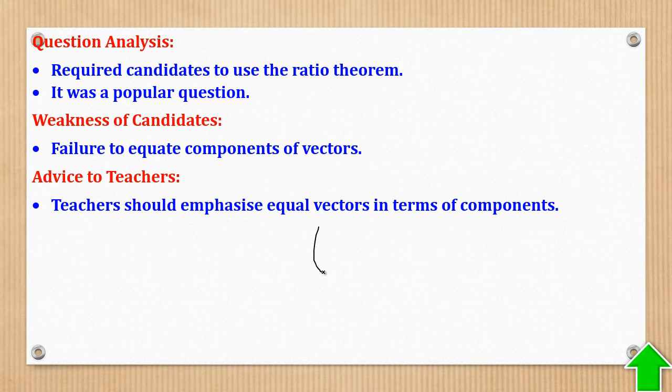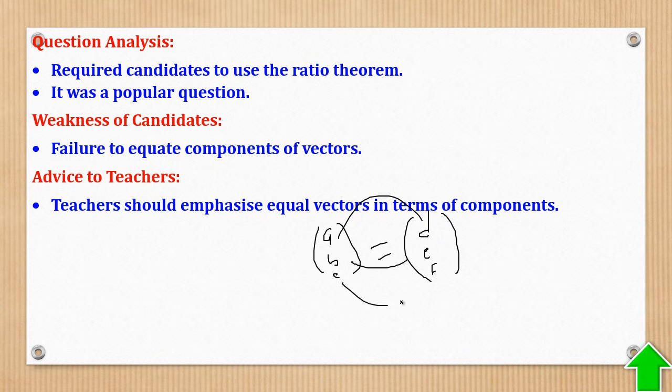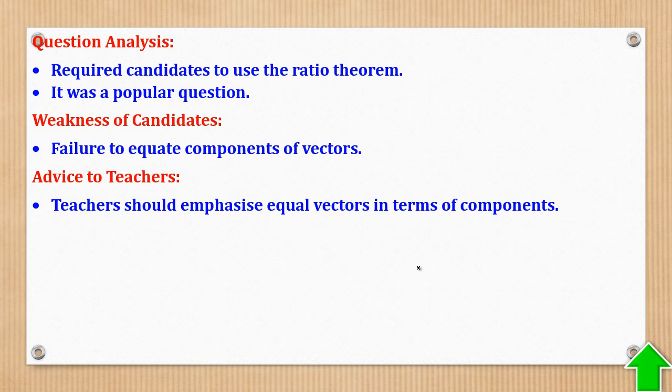What they mean is that if a vector is maybe A, B, C, let's say, and it is equal to D, E, F, because they are equal, it means that A is equal to D, B is equal to E, and C is equal to F. That's the condition for equal vectors.